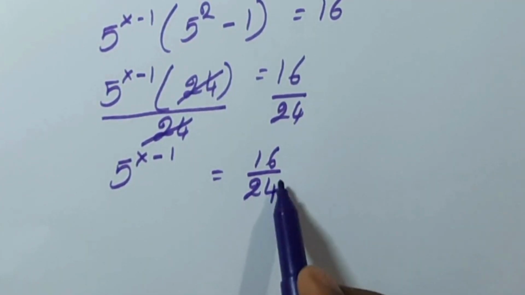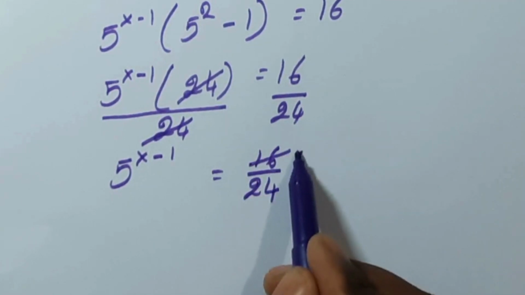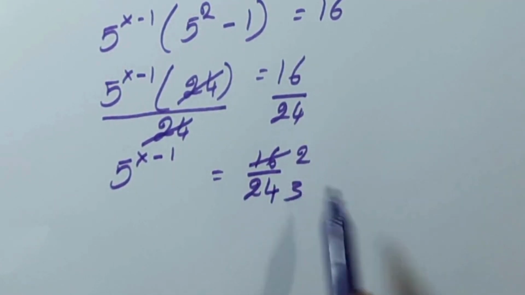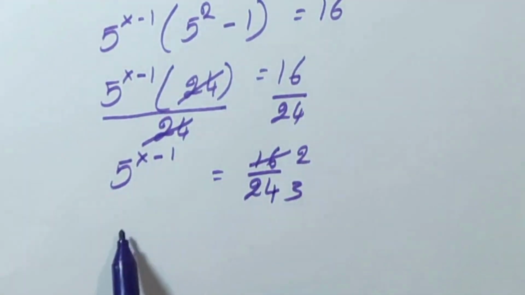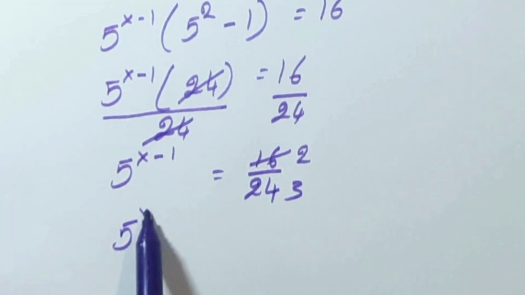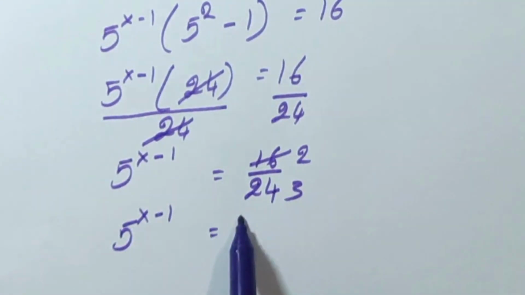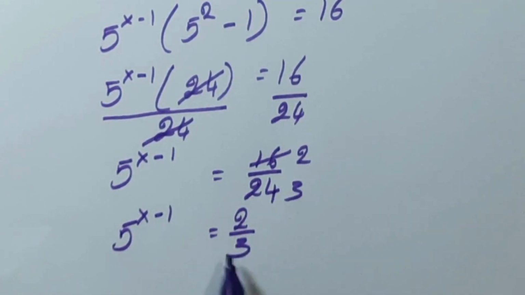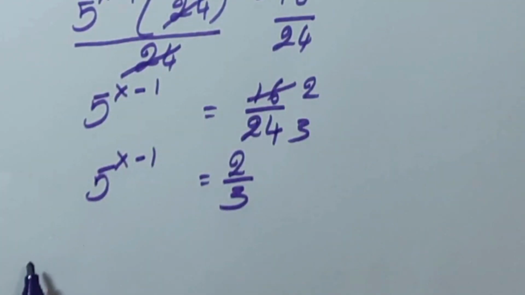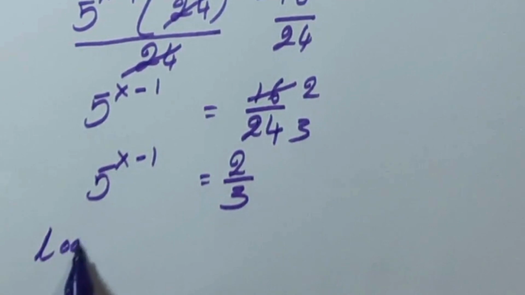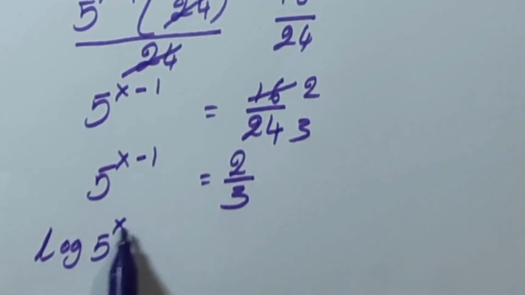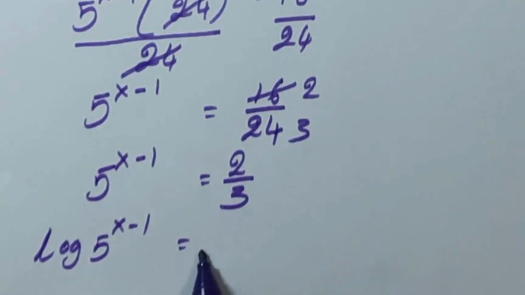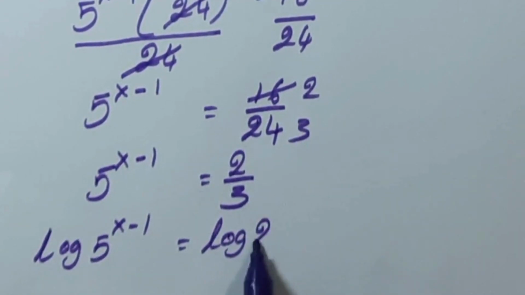If you simplify this, it will be 2 by 3. So we'll get 5 power x minus 1 equal to 2 by 3. Take a log on both sides. Log 5 power x minus 1 equal to log 2 by 3.